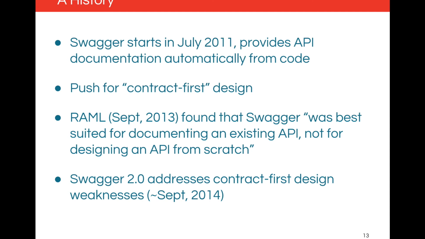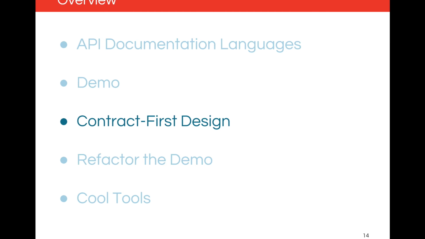RAML is quoted here to talk about Swagger as best suited for documenting an existing API, not for designing an API from scratch. Swagger 2.0 has addressed some of the problems that it has faced, and it came out recently, September 2014, to address some of its deficiency in a contract-first design approach.